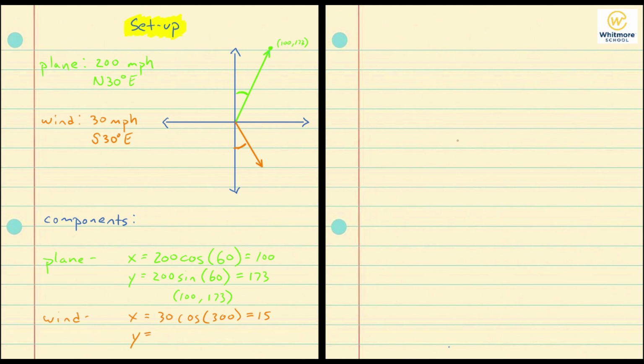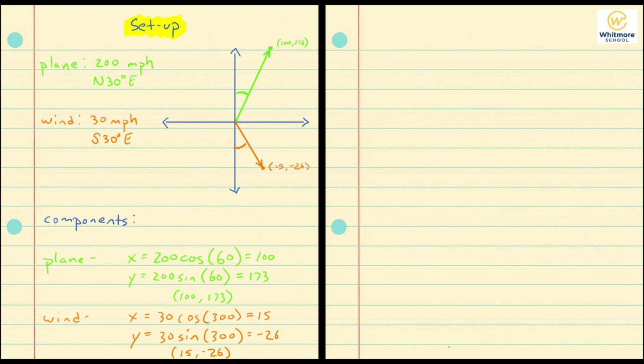And the y component is 30 times sine of 300, and that equals negative 26. So again, I have my point 15, negative 26, and that corresponds to this point right here, which is 15, negative 26.